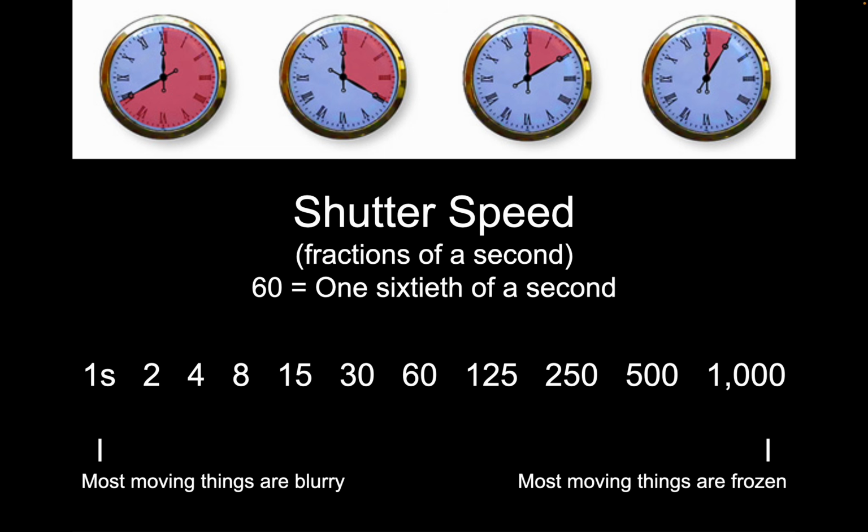It goes beyond 1,000 on most modern cameras, but just about everything will be blurry if you're taking a 1 second exposure, anything that's moving, I should say. Whereas if you're taking a 1,000th of a second or faster shutter picture, just about everything that's moving will be frozen.